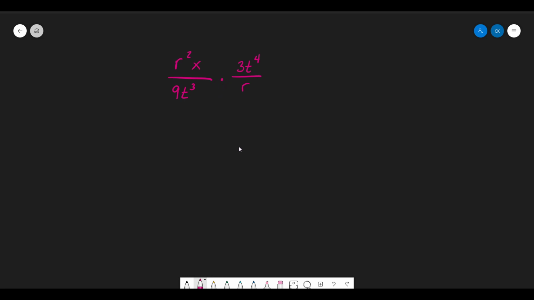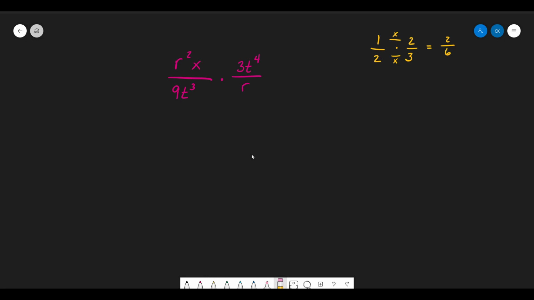So in order to do this, what we want to do to make this easier for ourselves, because we know that when we multiply fractions, if you remember, if I did 1/2 times 2/3, I would multiply straight across the top. I would multiply straight across the bottom. This would give me 2/6, and then I'd have to simplify it from there.